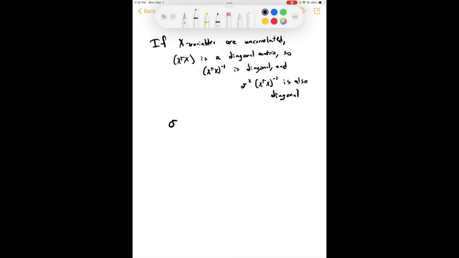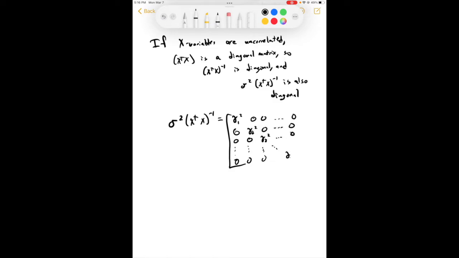Since it's a diagonal matrix, it's going to look like this. X transpose x. All right, we'll use gamma. Why not? Gamma will be our variance of each beta i. So it's going to be gamma 1 squared, and then zeros everywhere, and zeros this way as well. And then gamma 2 squared, and zeros everywhere, and this way as well. And then gamma 3 squared, and zeros everywhere, this way as well, all the way down to gamma n squared. All right?